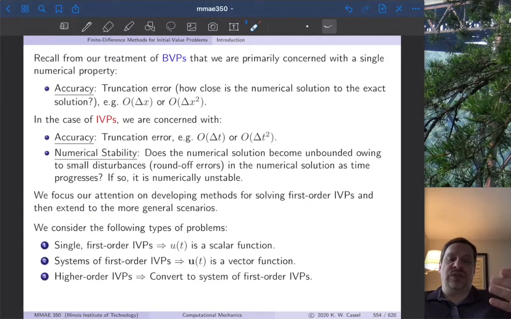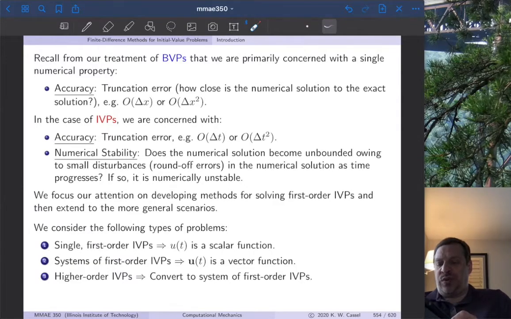And the question is, do those disturbances grow with time, or do they decay with time? If they grow with time, then the algorithm is numerically unstable. If they decay with time, then it's numerically stable. So this is going to occupy a lot of our considerations in Chapter 9. Again, it is a little bit more difficult, and we'll have to walk through that very carefully.